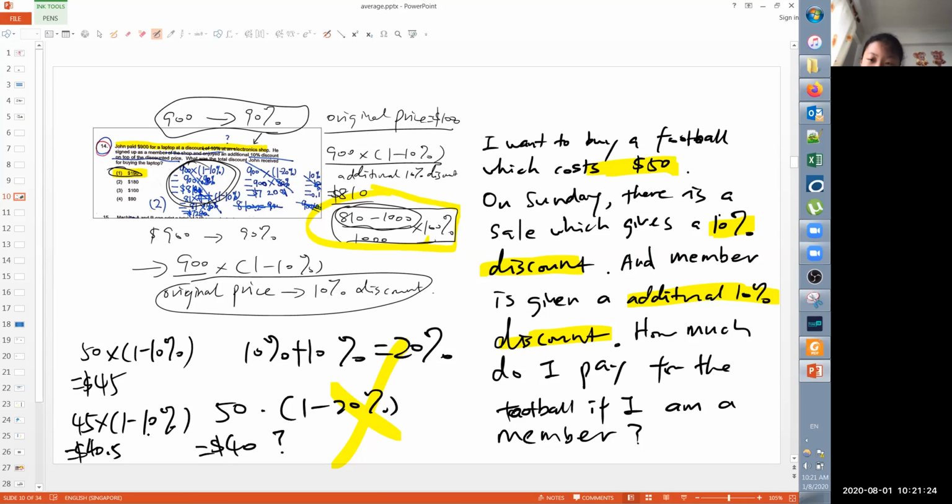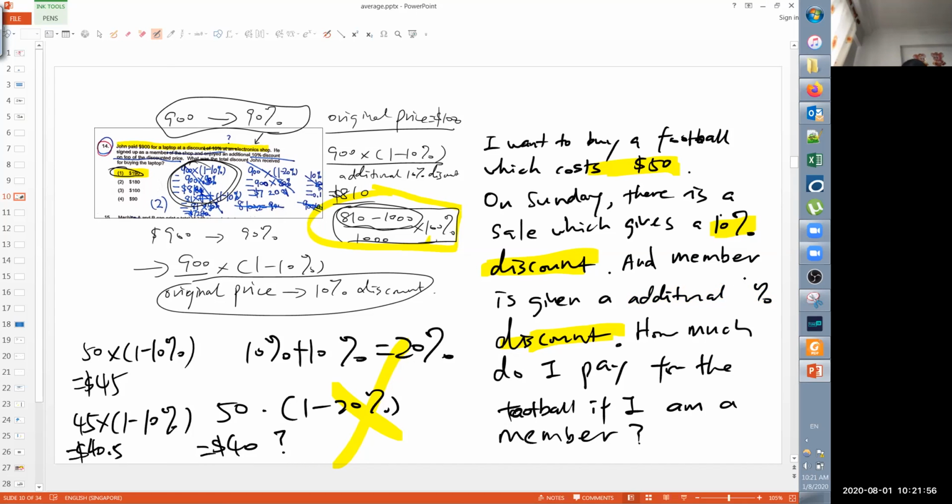Okay. So this is another way to let people feel, I mean, with this 10% discount and then an additional 10% discount, that they have a 20% discount, but actually they are not having a 20% discount. Similarly, they can tell you you have an additional 50% discount.